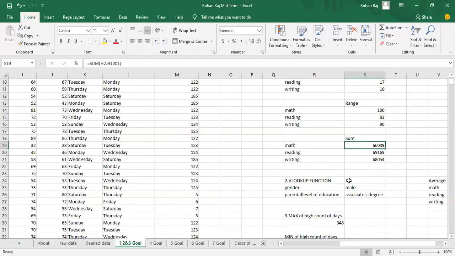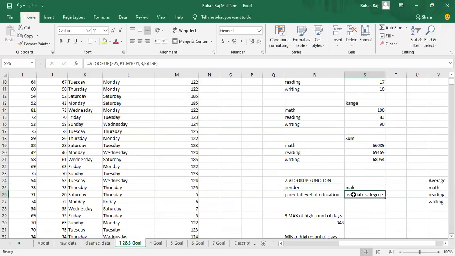And my next goal would be the VLOOKUP function, where the gender tends to male and the parental level of education. So I want to find the parental level of education for the male.